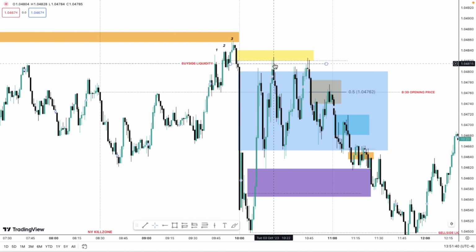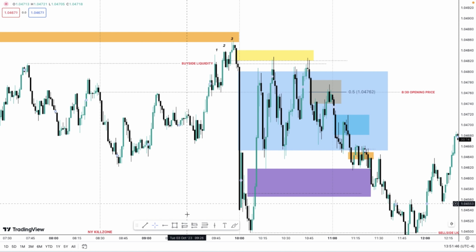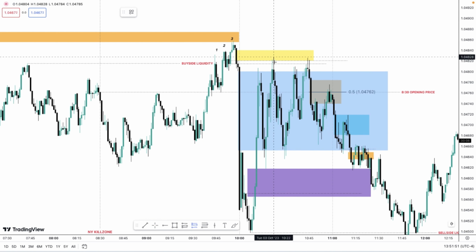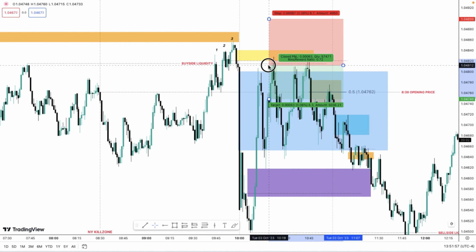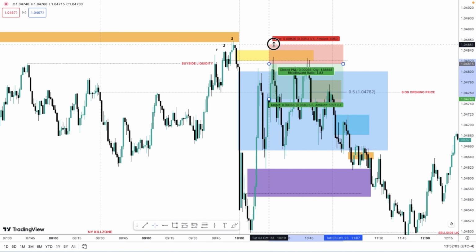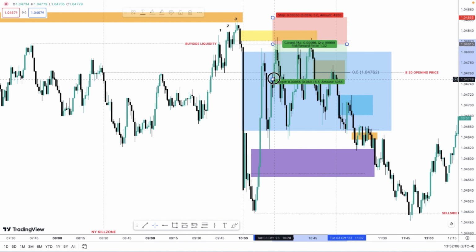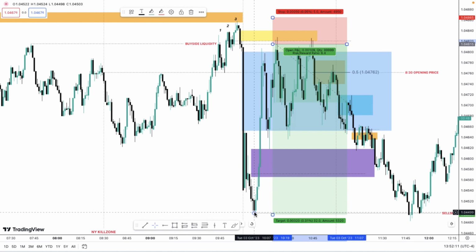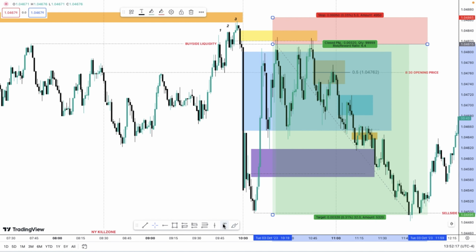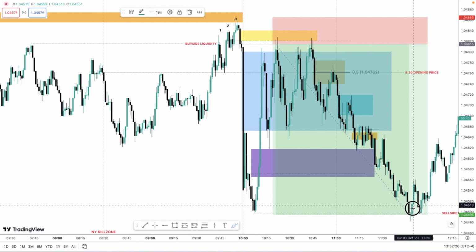So at 10:22, you could be comfortable if you were watching price during this time. You could be comfortable selling the order block there, stop loss above the high, and you target sell side liquidity there, and you can see price trading to liquidity perfectly here.